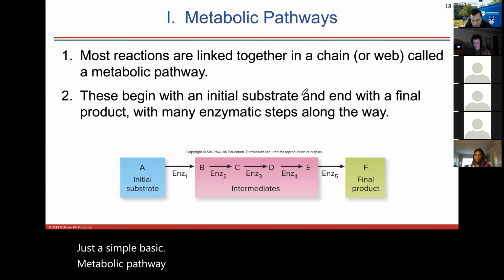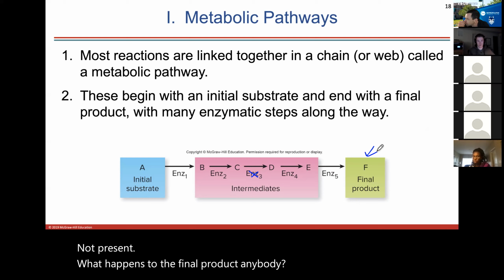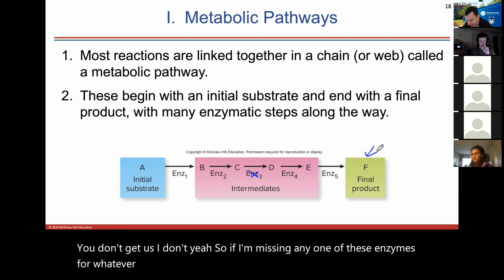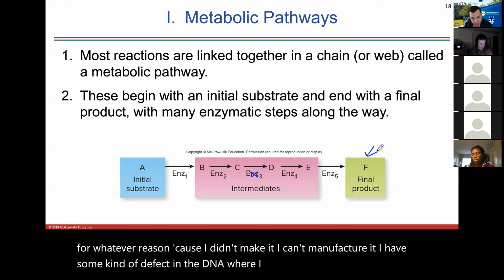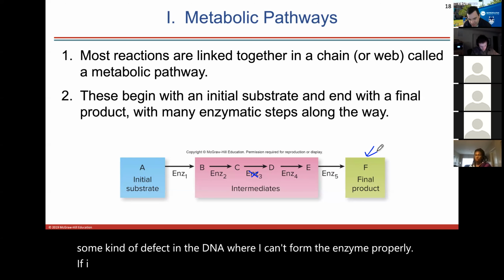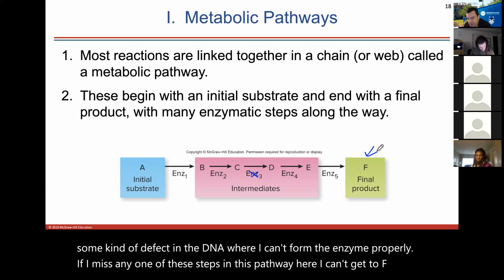If we have enzyme 3 not present, what happens to the final product? Anybody? You won't get F. Because D is missing. Yeah. So if I'm missing any one of these enzymes for whatever reason, because I didn't make it, or I have some kind of defect in the DNA where I can't form the enzyme properly, if I miss any one of these steps in this pathway, I can't get to F. I get C and then nothing else.